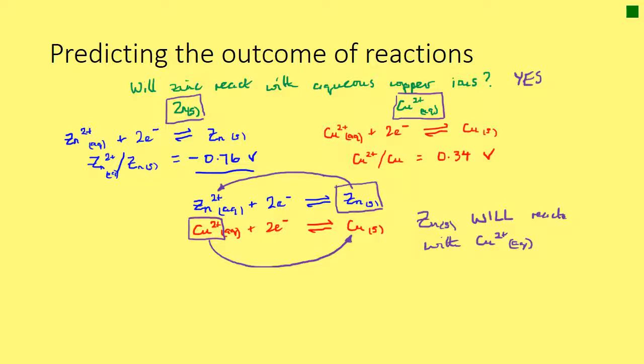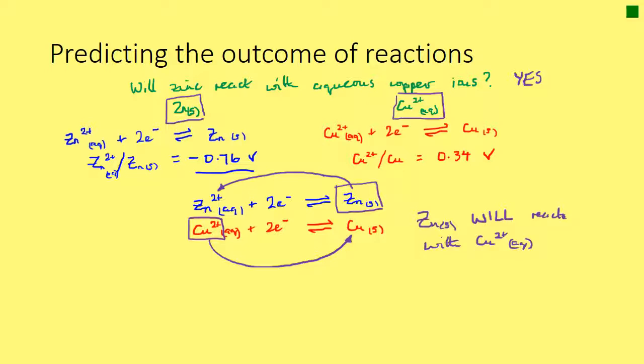Then what we do is we write down the electrode potential. So the electrode potential for zinc: you look at your electrochemical series and you see it written like this, zinc 2 plus to zinc solid, and that electrode potential you'll read off is minus 0.76 volts.